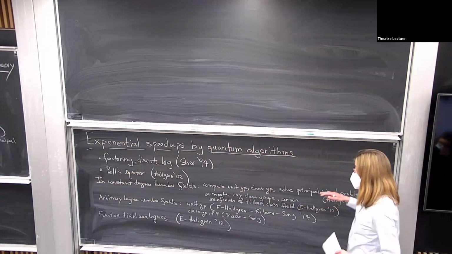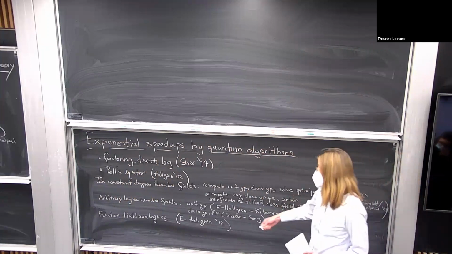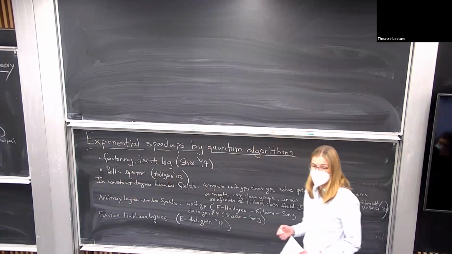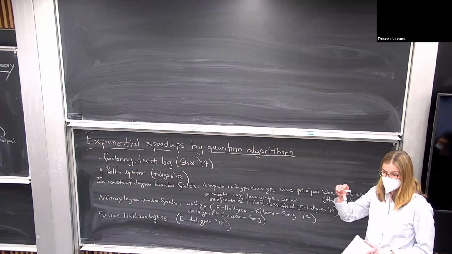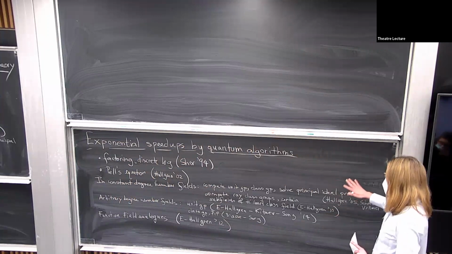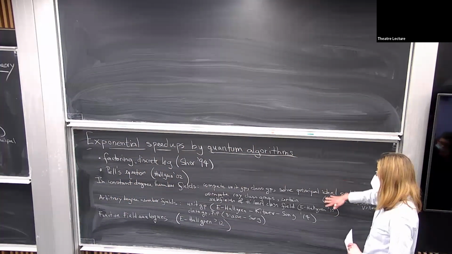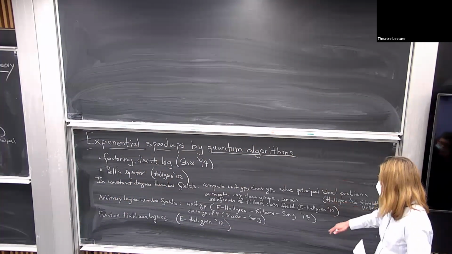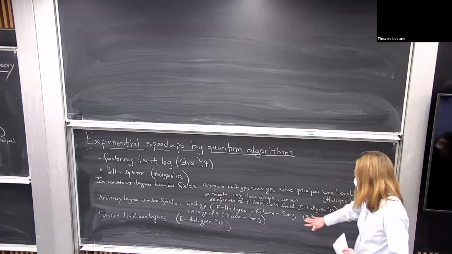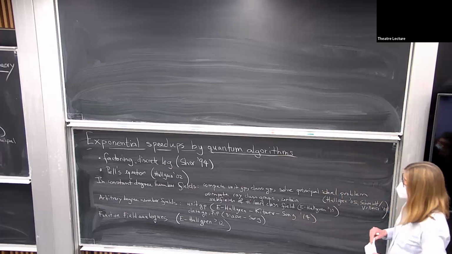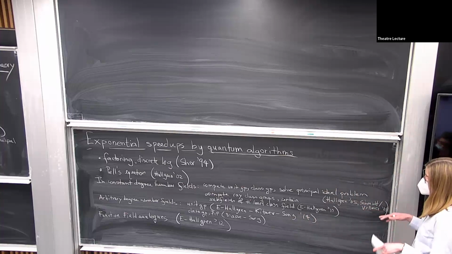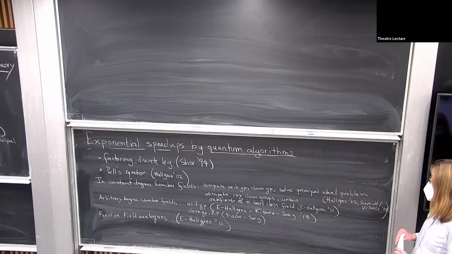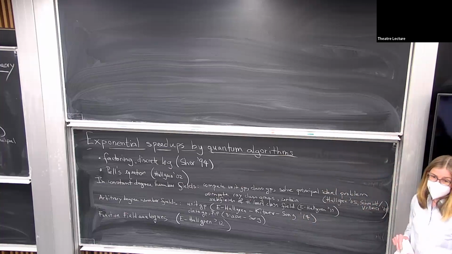When I'm talking about constant degree number fields, it just means that when I'm looking at the complexity of the algorithm, I'm viewing the degree of the number field as a constant. For a while, that was all that could be done. Then in 2014, it was possible to extend that to arbitrary degree number fields. The problem there is basically that if you let the degree grow, you're going to get rounding issues.